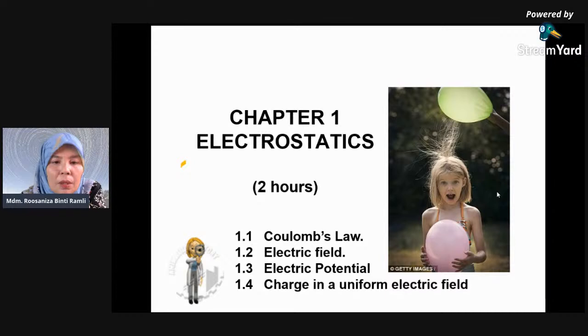First, 1.1 is Coulomb's law, 1.2 is electric field, 1.3 is electric potential, and 1.4 is charge in a uniform electric field. These topics are covered in 2 hours. For today, I will cover subtopics 1.1 and 1.2, Coulomb's law and electric field, for 1 hour.